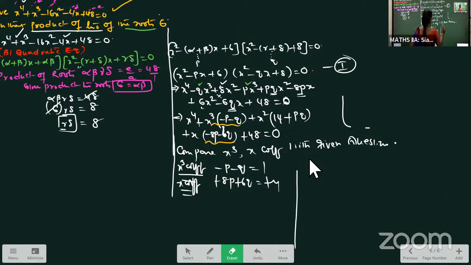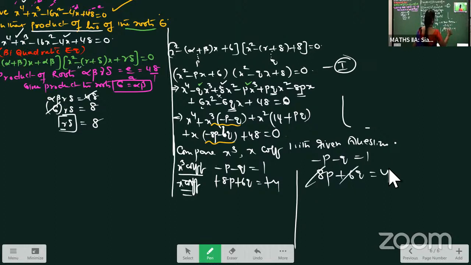See, minus P minus Q is equal to 1, and 8P plus 6Q is equal to 4. Cancel out with 2 here: 2 4s are, 2 3s are, and 2 2s are. So these two equations are to be solved here.